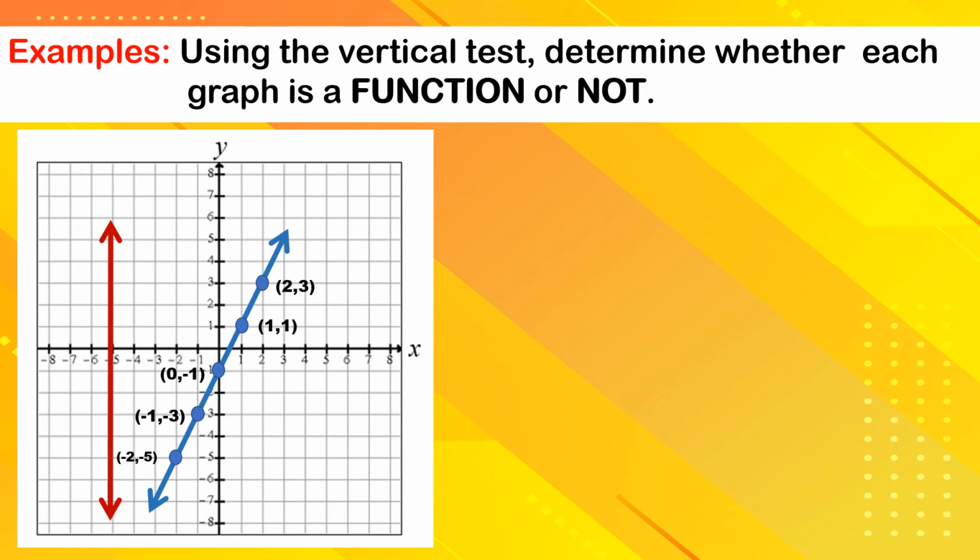Let's try to look and test this graph. Ito si vertical line, madadaan siya sa ating graph. As you can see, wala namang points na tatamaan sa parehas na pagdaan ng vertical line. Kumbaga, yung mga given points ay natamaan lang one at a time. Sa madaling salita, pag ganun ang nangyari sa ating vertical line test, ang graph na given ay isang function.